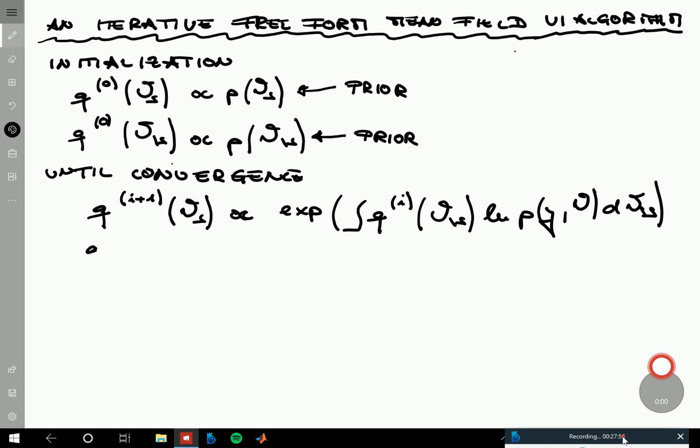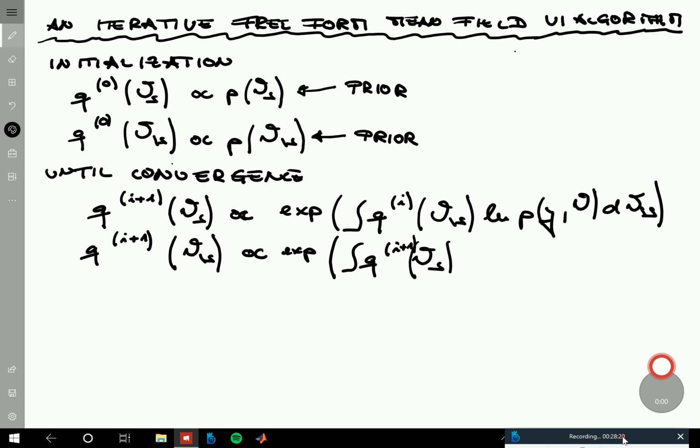And then once we have this, we can update the distribution over the other set of random variables. Oops, there we use the i+1, which we get from the previous step. And then we update this.